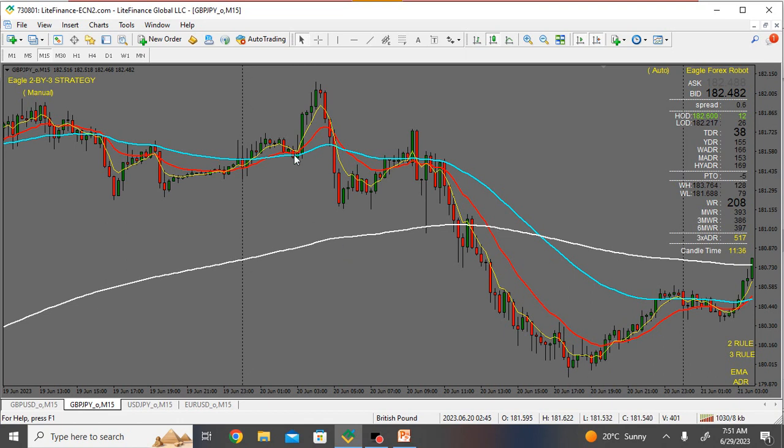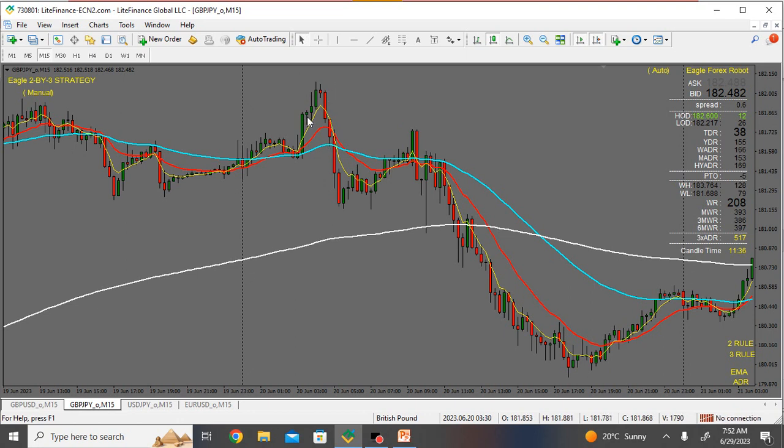But here you can see this was a stop hunt. This is a daily low candle with how many pips? See how many pips? With 30 pips.